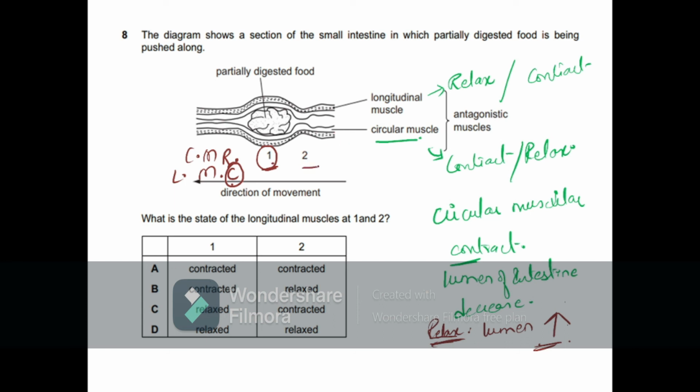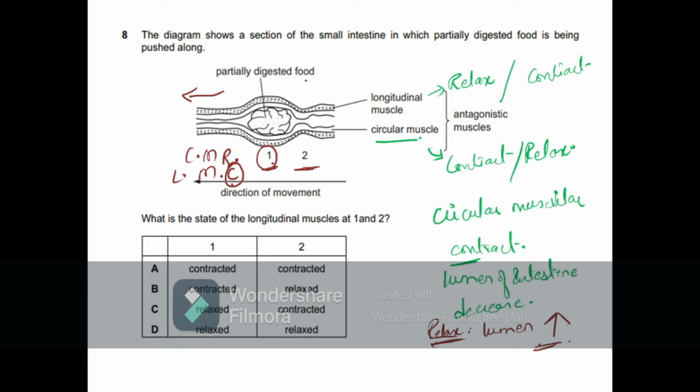And at point 2 what will happen? In order to move the food in the further direction, this is the direction of the food. So when you are moving the food, the part of the intestine just before the food starts to contract in order to apply pushing force on the food particle.